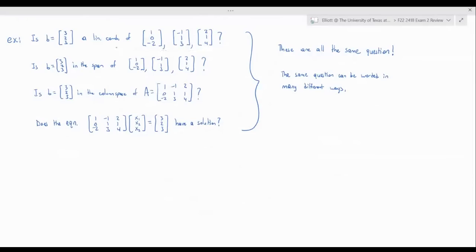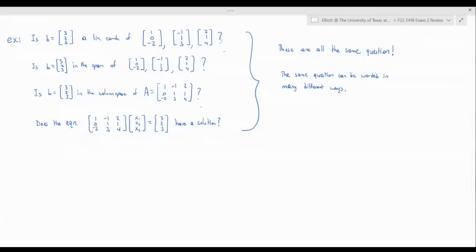Second question is, is B in the span of those vectors? Third question is, is B in the column space of this matrix? And notice that the columns of this matrix are the three vectors in the previous questions. And then the last question is, does this equation AX equals B have a solution?